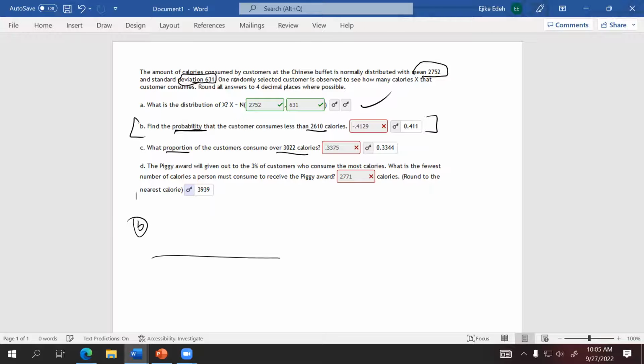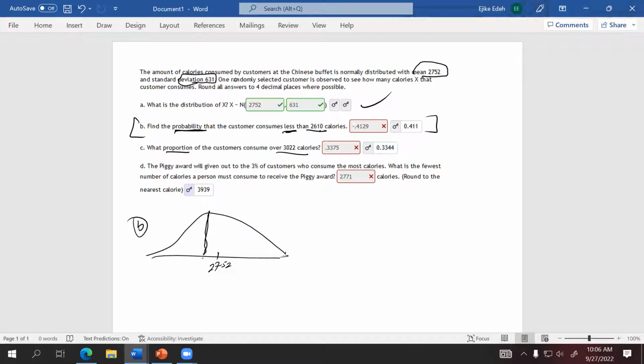For B, our shape should be drawn this way. What is the chance that the customer consumes less than 2610, given that the middle is 2,752? So 2610 should be less than the middle, so the line should be somewhere here. Just a sketch.